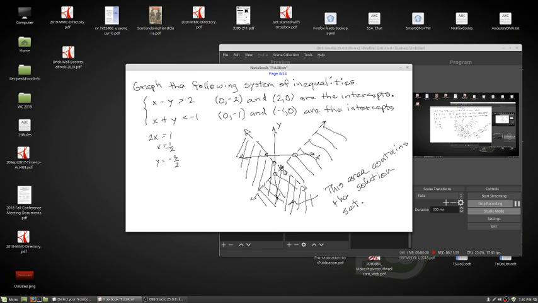Now on the test, what will happen is you'll have these two sets of inequalities, and then I'll ask you which of the following 4 points lies in the solution set of that. You'll need to watch out for a couple of things, and basically all you're going to do is just plug in the coordinates and see if they come out with true statements.